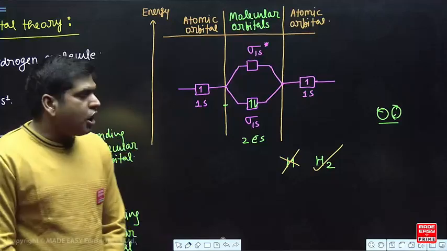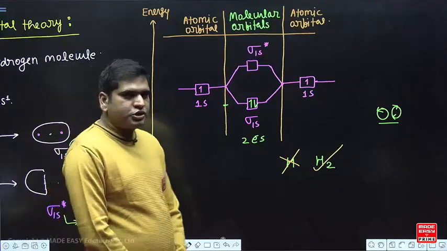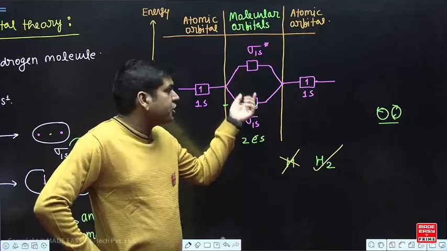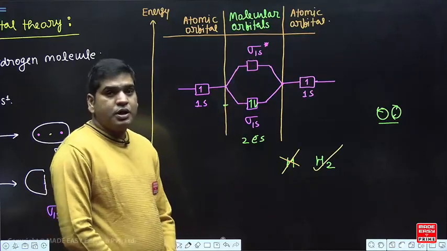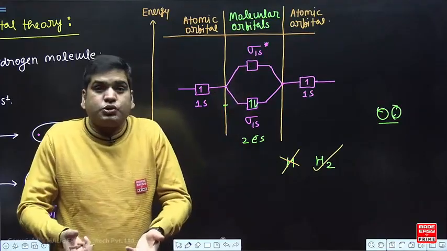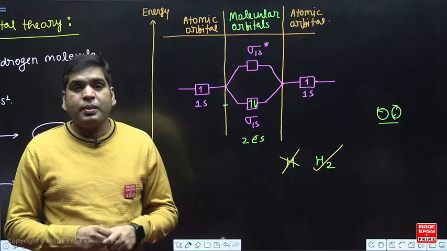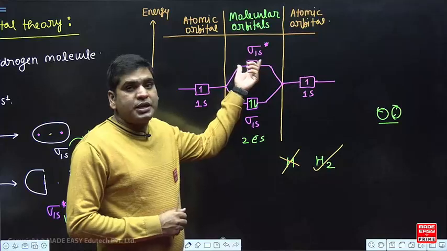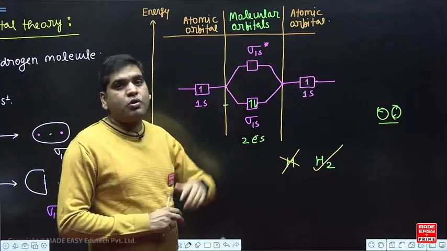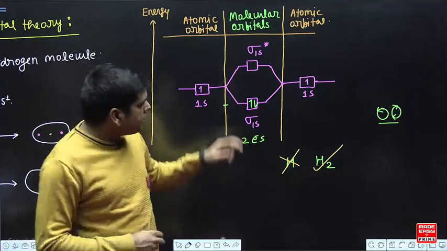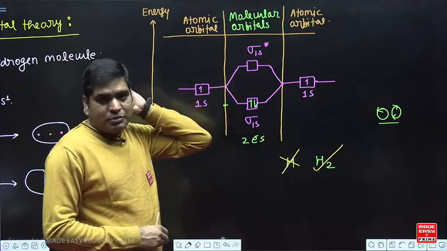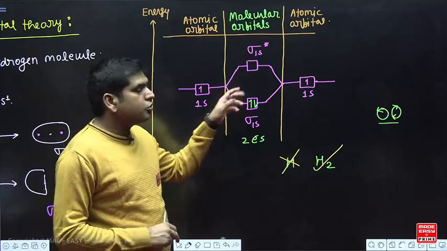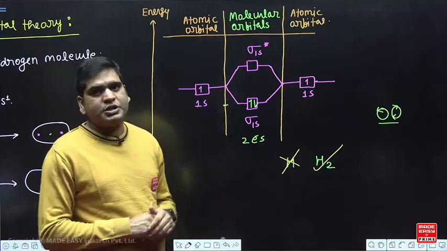My dear friend, in order to become a stable structure, the electrons in the bonding molecular orbital must always be greater than the electrons in the anti-bonding, because anti-bonding is trying to destabilize, and if the number of electrons in anti-bonding becomes greater, then the bond will become unstable. They should not even be equal, because if equal, anti-bonding and bonding will cancel each other and no bonding will take place, only the atom will remain stable.